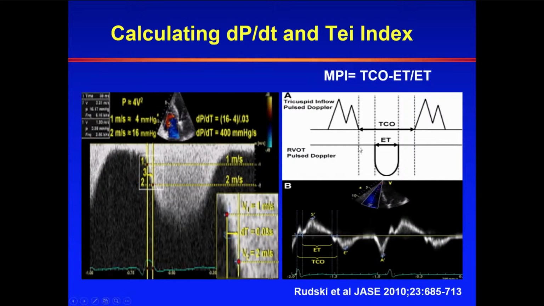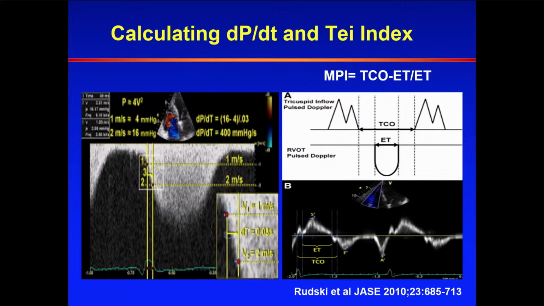Another approach is to look at the tricuspid regurg duration, because tricuspid regurg includes flow from the right ventricle to the right atrium during isovolumic contraction, ejection, and isovolumic relaxation. If you get that total duration of TR and you subtract from it the ejection time, you end up with the same numerator value.